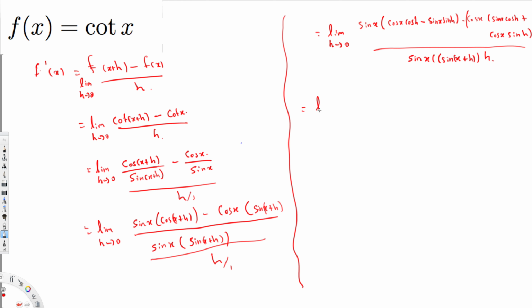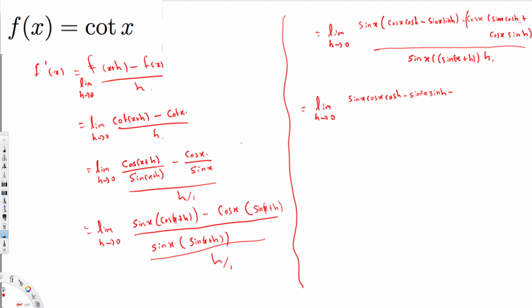First of all, limit h approaches 0, then sin x times this one. I'm multiplying everything, so it's going to be sin x cos x cos h minus sin square x sin h, then minus this one, cos x sin x cos h.